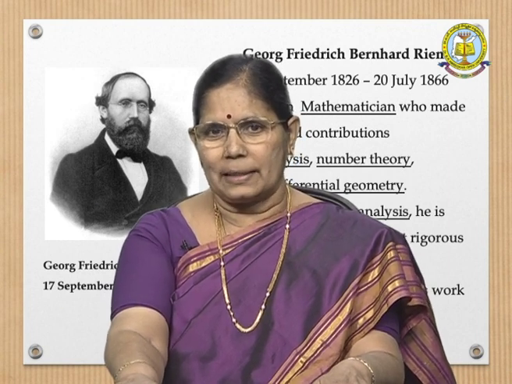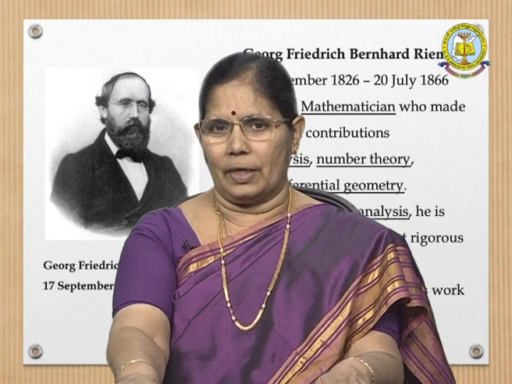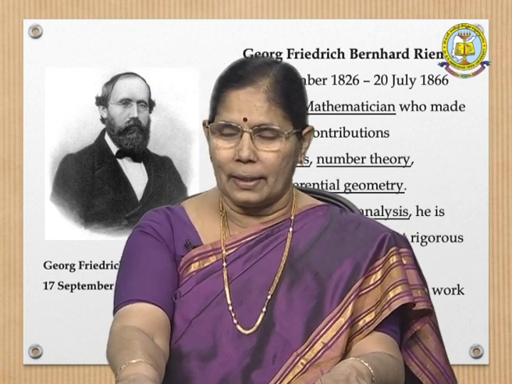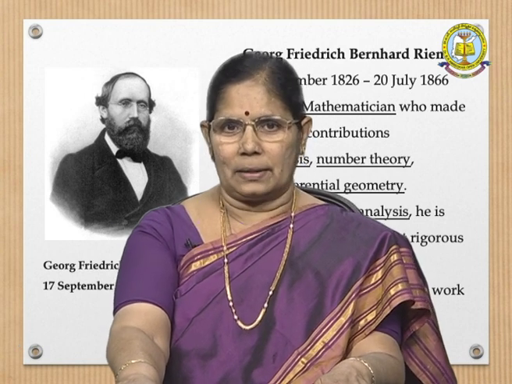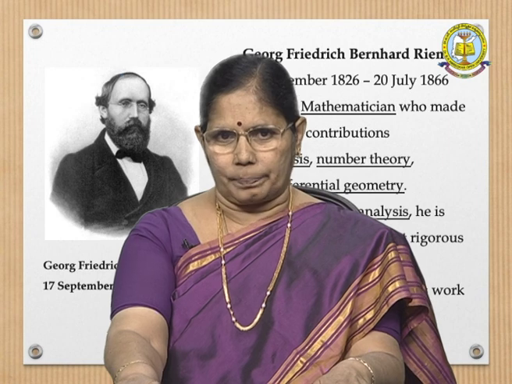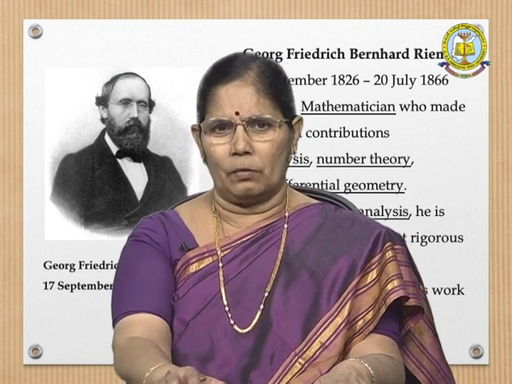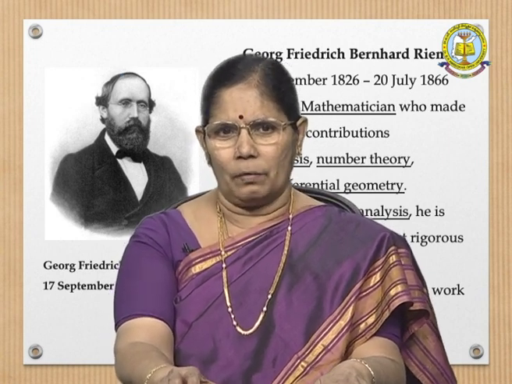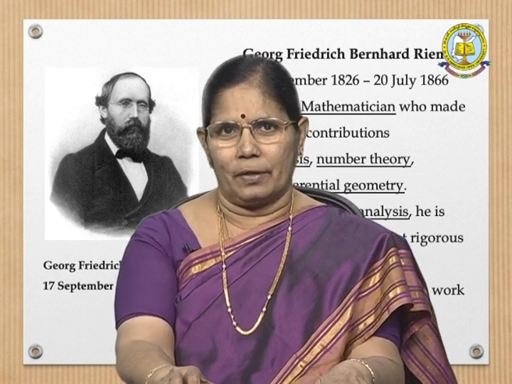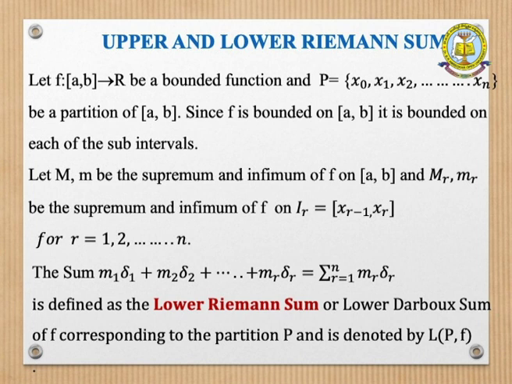So, we call the sum sigma r equal to 1 to n of small mr delta r, where small mr is the infimum of f on Ir, the lower Riemann sum or lower Darboux sum, and we denote this as L(P, f).